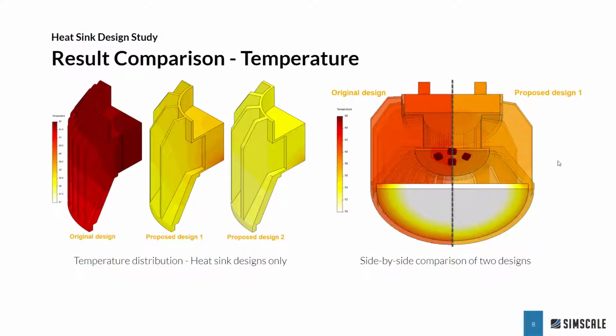So here we can see a side-by-side comparison of the temperature distribution for each of the 3 designs, and we can clearly see that the original design is really not optimized for the flow situation. So it's not doing a great job at cooling these LEDs. Whereas design 2, we have a nice low and uniform temperature distribution across the aluminium heatsink.